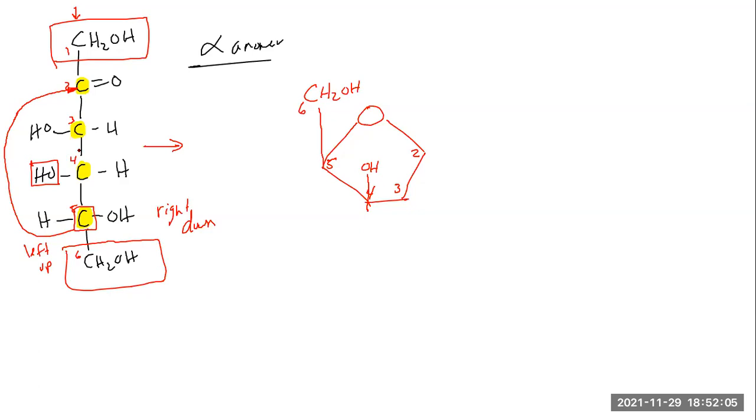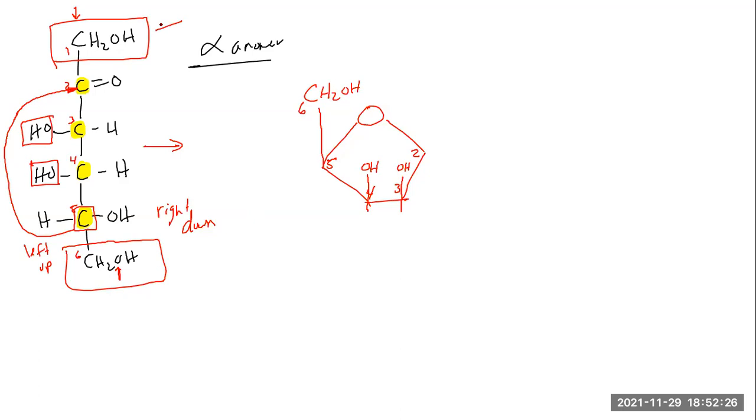When we go to carbon number 3, we see the OH group also on the left, which means it will go up. Now, carbon number 2 and carbon number 5 is where that whole ring came together, which, again, is the oxygen that ends up in the ring.